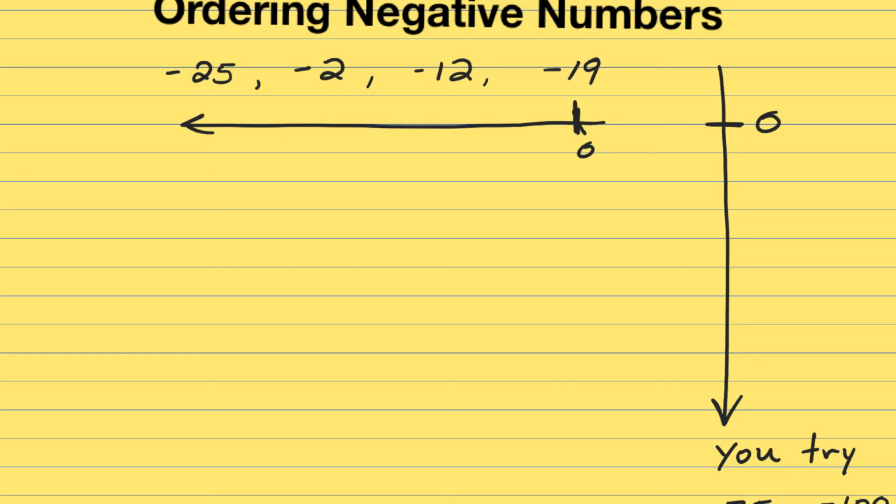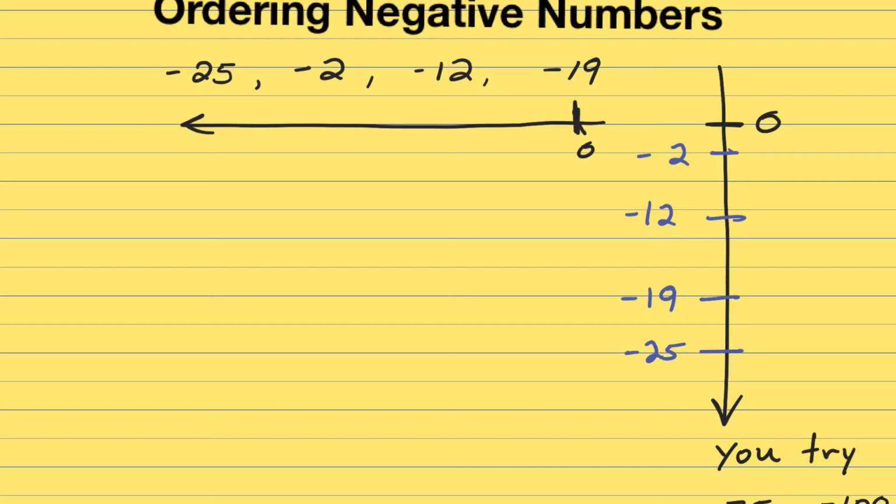I would think, well, which one would be the farthest away from 0? Well, negative 25 is 25 away from 0. So I'd say negative 25. Which one would be the next farthest away from 0? And these are not to scale, I'm just going quickly. Negative 19, then negative 12, and then negative 2.